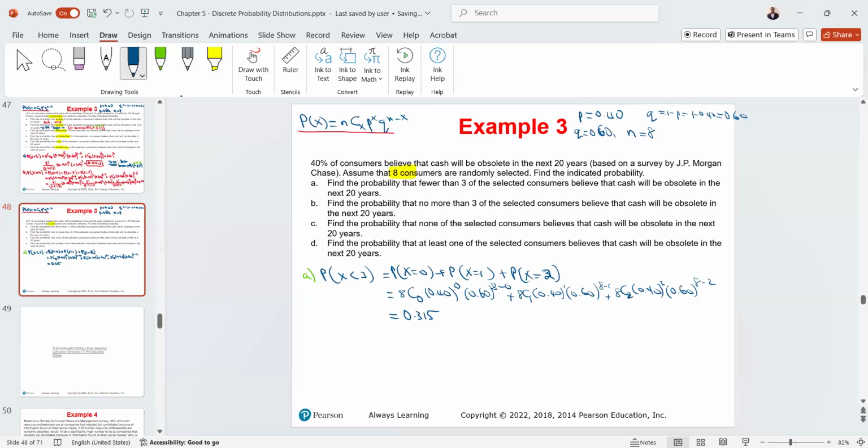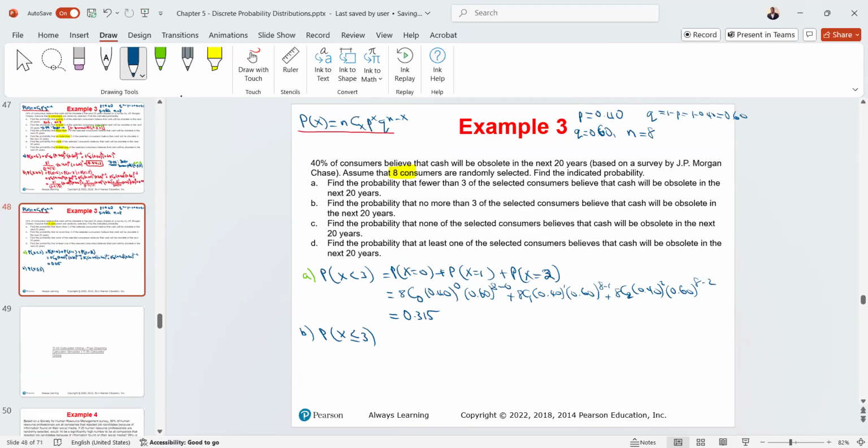I try to save time by doing it this way, but I'm hoping you see it, because for B here, we said no more than 3. No more than 3 means 3 is included. We're going to do the probability that X is less than or equal to 3, because we said do not exceed 3, but 3 is included.